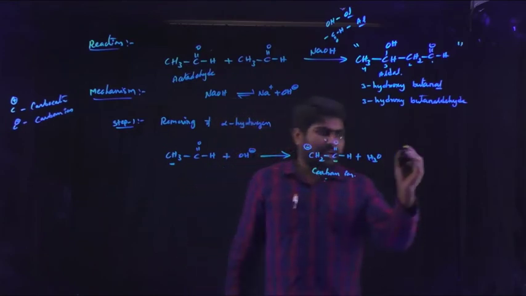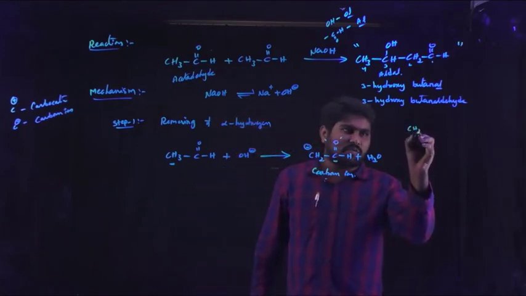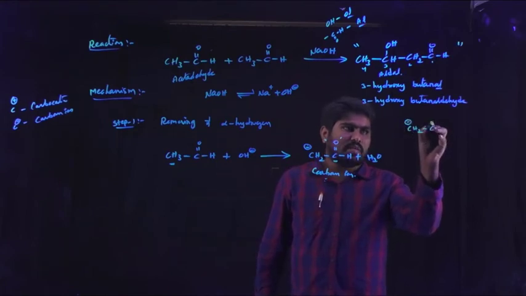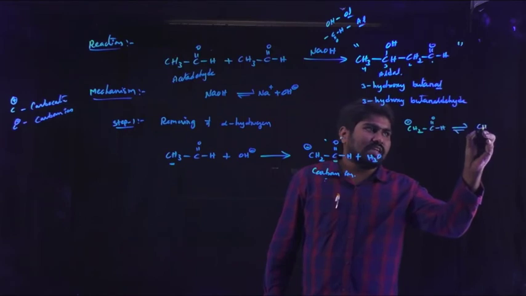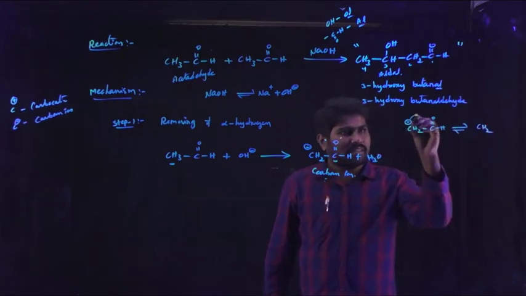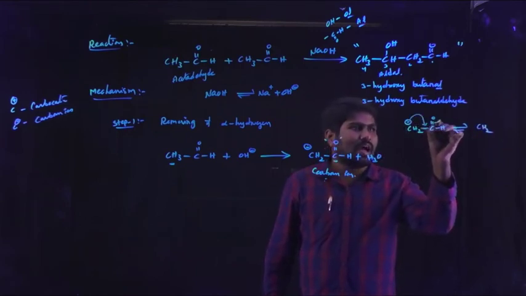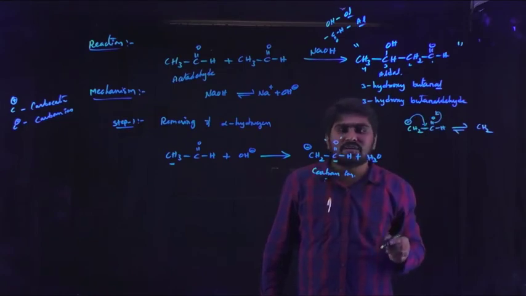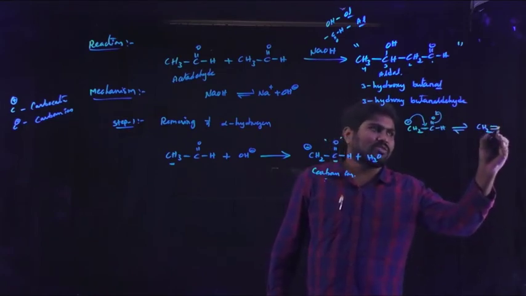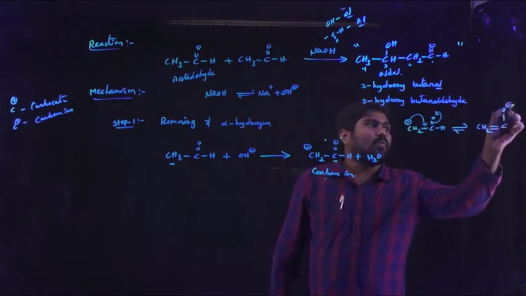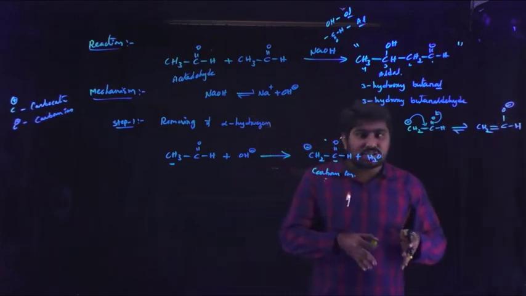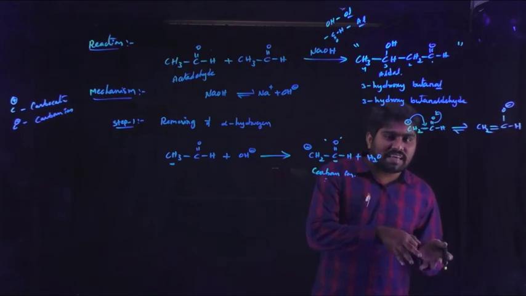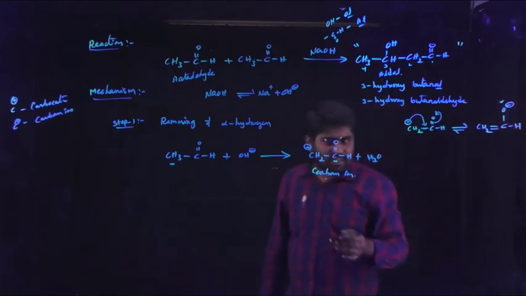So I am writing the resonating structure for this compound, CH2 minus C double bond OH. The negative charge migrates, and the double bond migrates towards the oxygen, giving CH2 double bond C O minus H. The negative charge is more favored on the oxygen atom because oxygen is more electronegative.